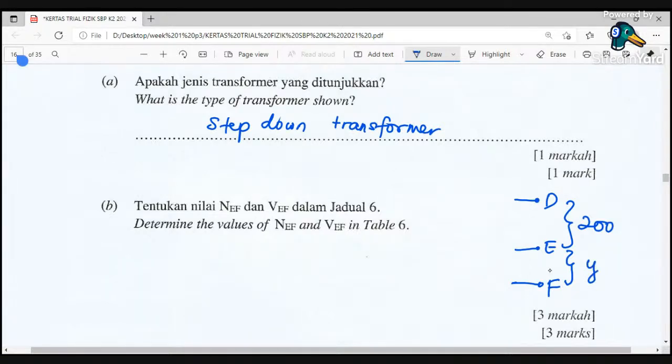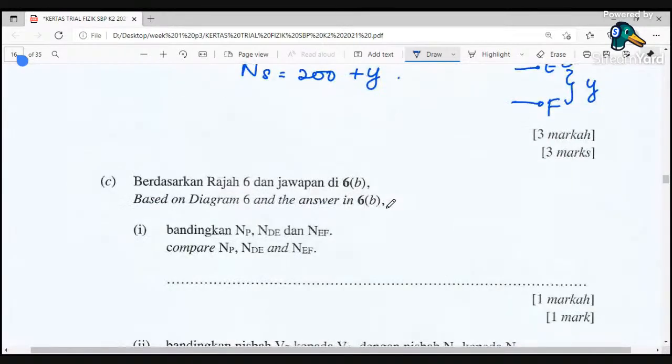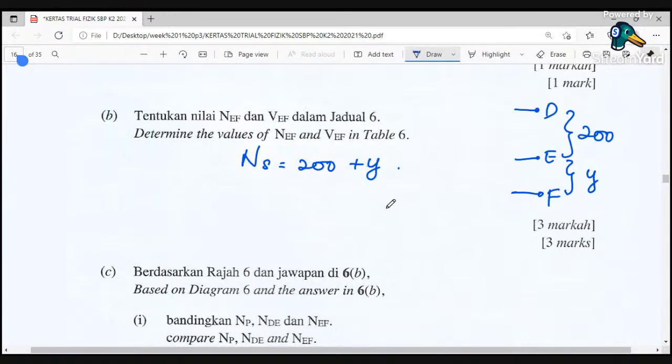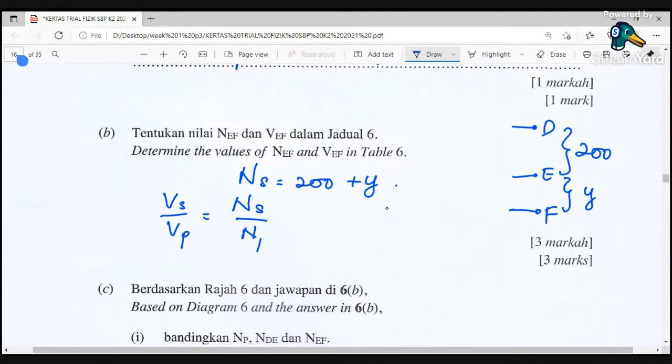So the number of turns for secondary coil, we have Ns equals to 200 plus Y. Okay, using the formula Vs over Vp equals to Ns over Np, we just substitute the value.